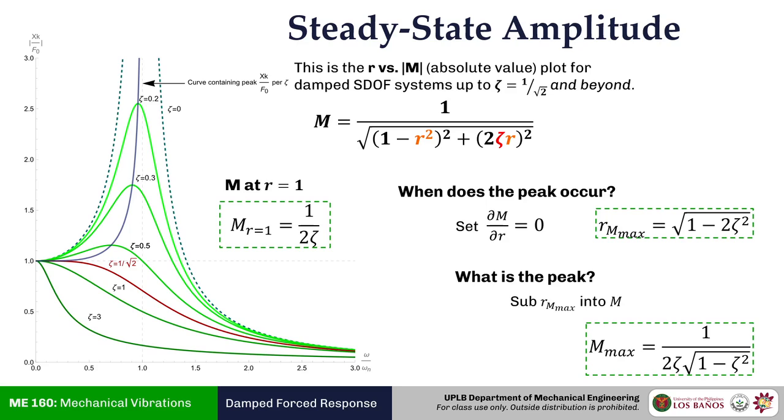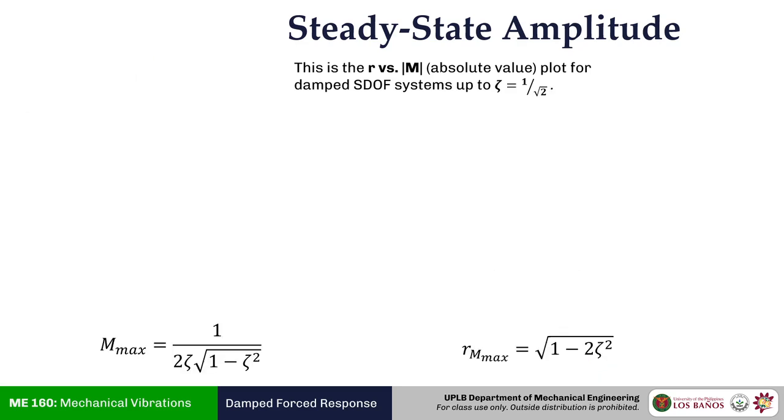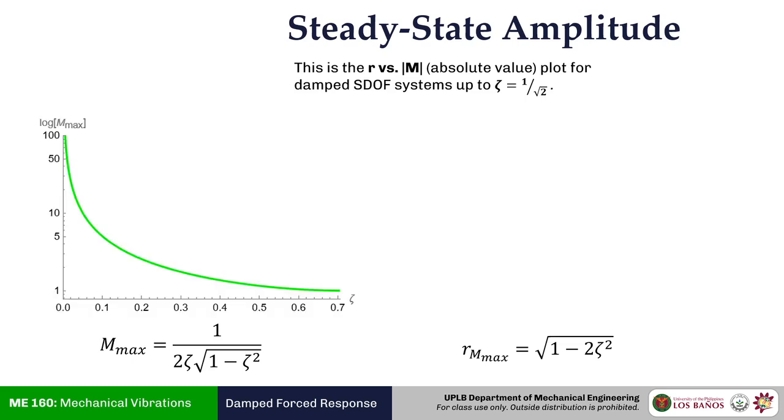So, para mas madaling isipin, let's graph these with respect to the damping ratio. So, here are two equations. They're functions of the damping ratio. Let's graph the peak magnification first. So, of course, habang pataas ng pataas yung damping ratio mo, paliit ng paliit yung inyong peak magnification.